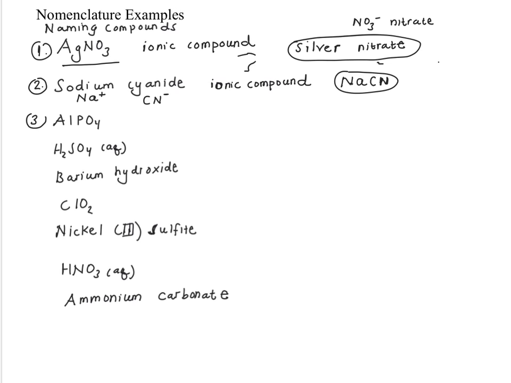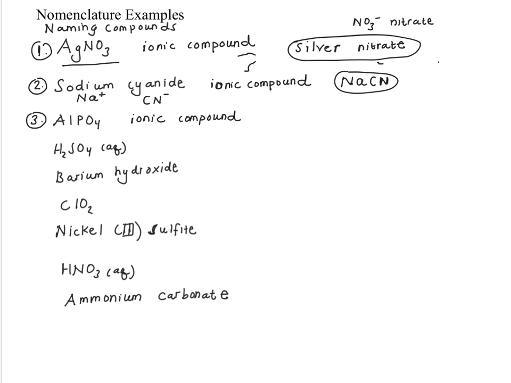In the third one, we are to give the name of AlPO4. Al is a metal, it's aluminum. PO4 is a polyatomic ion. So we have a metal and a nonmetal, so this is classified as an ionic compound.